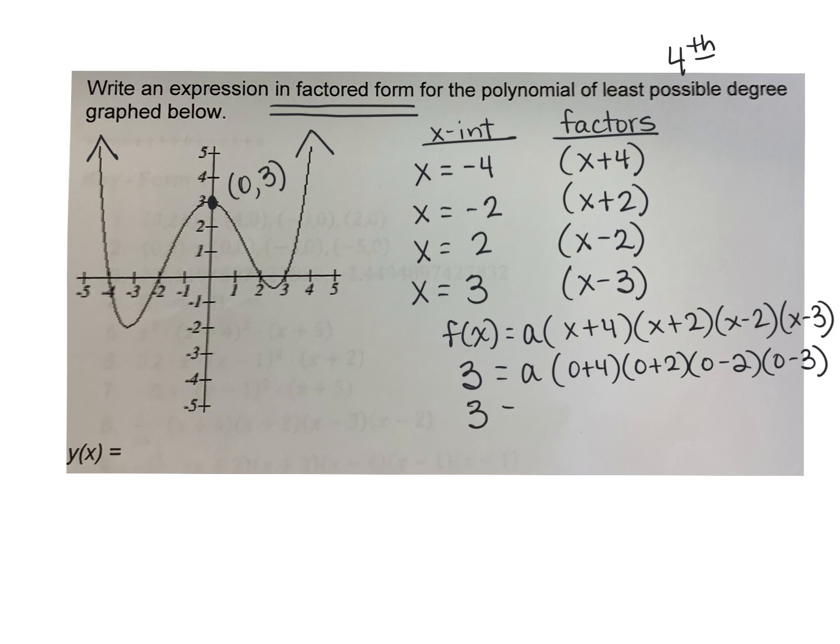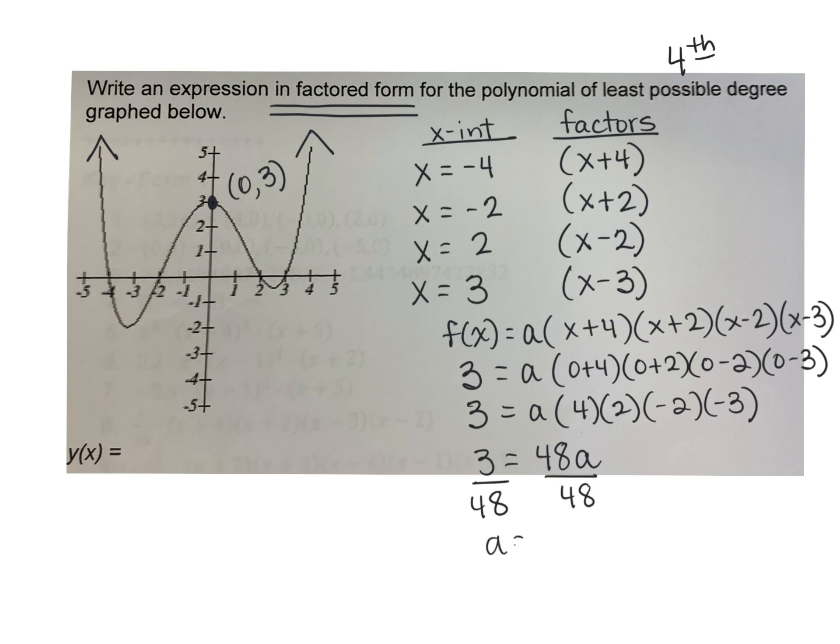So I have 3 is equal to a times, I'm going to do 4 times 2 times negative 2 times negative 3. So I'm going to have 3 is equal to, so that's 8 times 6, so that's 48a. And then I have to solve for a by dividing by 48, and then I reduce that fraction.